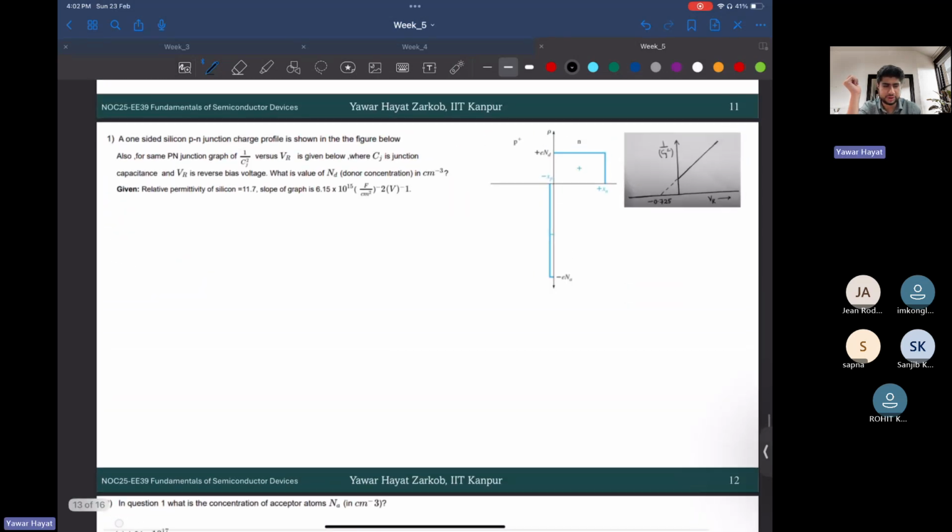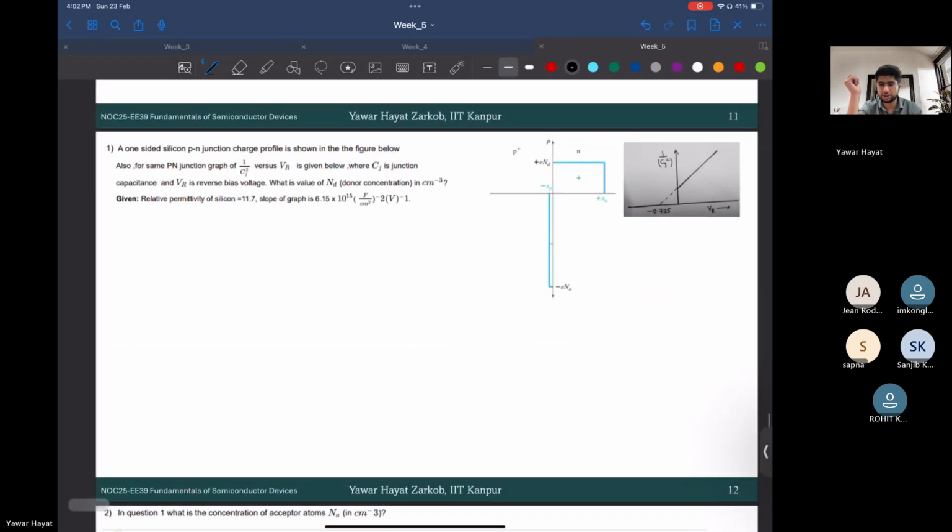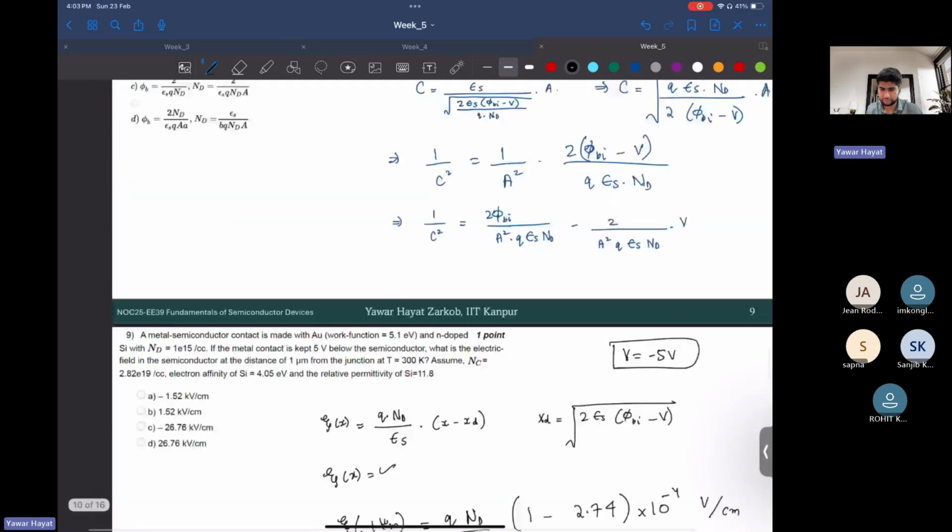And then you have these two problems, right? We already computed the expression for this. Your 1 by Cj square was equal to 2 phi bi by a square epsilon s q Nd plus 2 by epsilon s a square q Nd. I'll copy that.